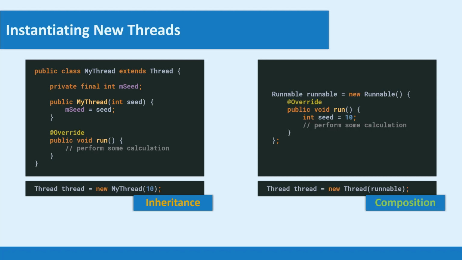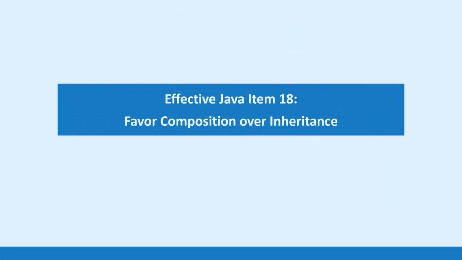And there is a general rule of thumb described by Joshua Bloch in his book Effective Java as item 18 that says favor composition over inheritance. So I try to use composition as much as I can instead of inheritance. However, as I said, both approaches will work.